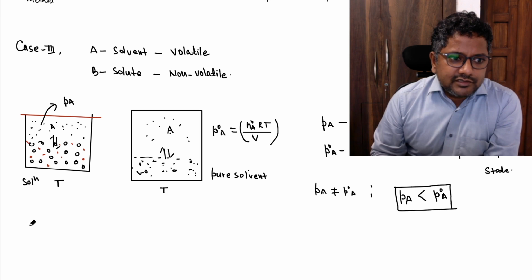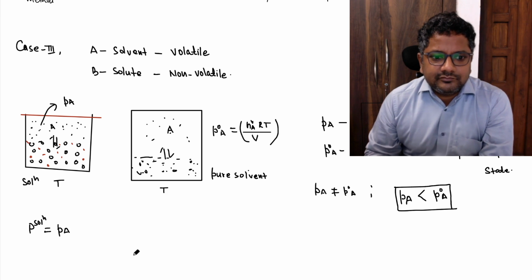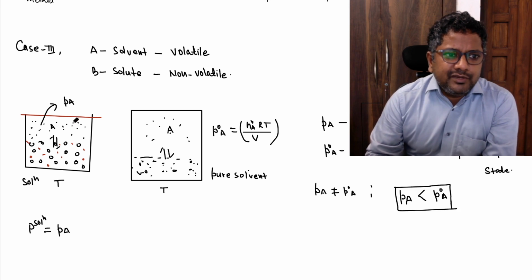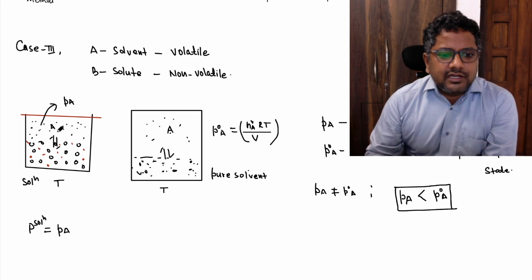The P solution is equal to PA, because B is not in the vapor phase, only A is in the vapor phase, and you can use Raoult's law here also.